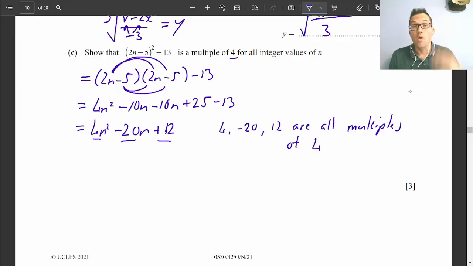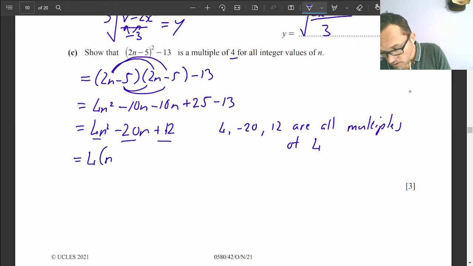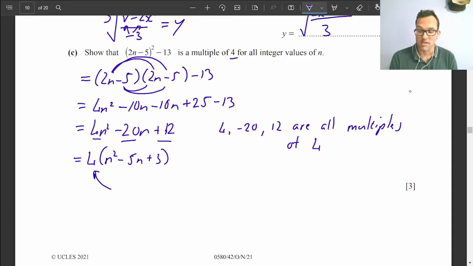That's an explanation. Or you can factorize out that 4. You can say 4 times n squared minus 5n plus 3, and say, look there, they're all being multiplied by 4. Just factorizing it out seems to be good enough for the examiner.